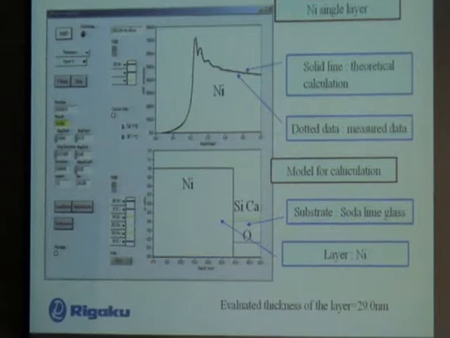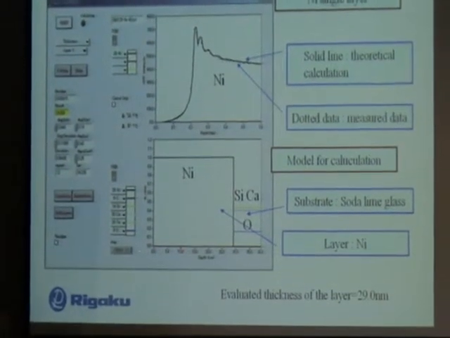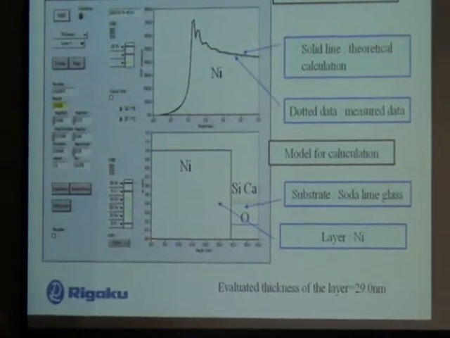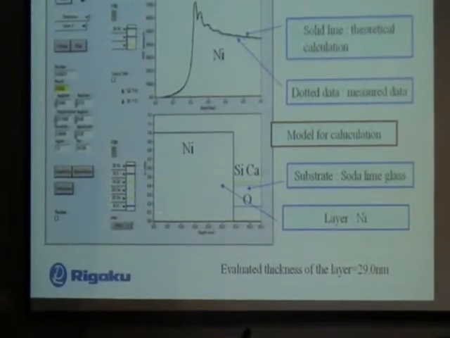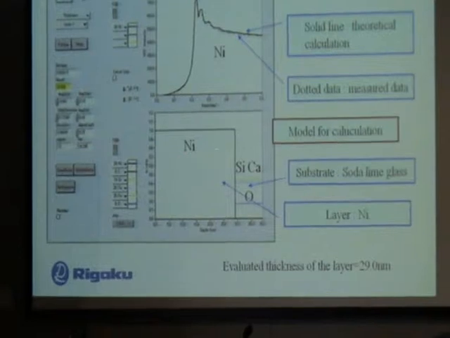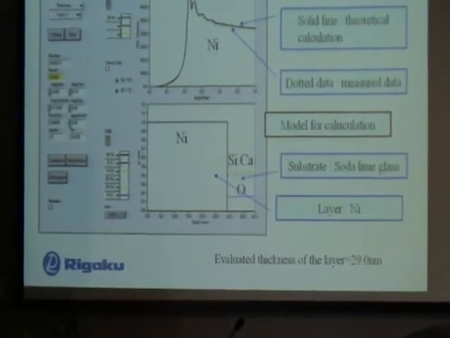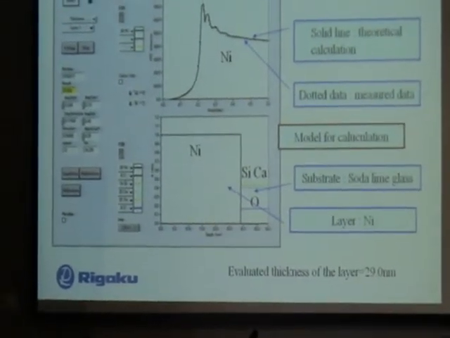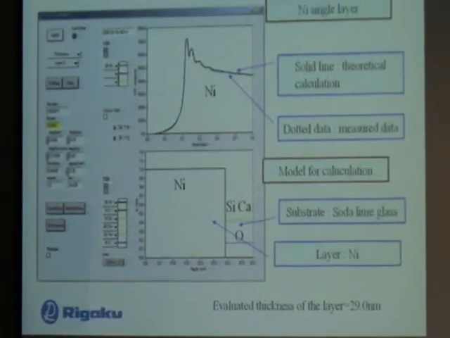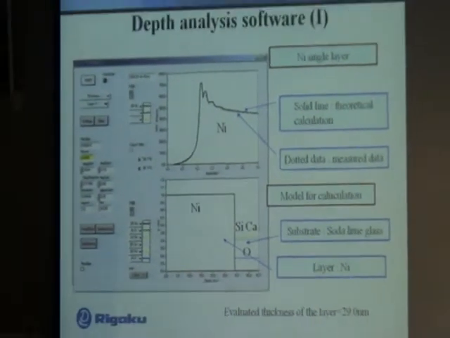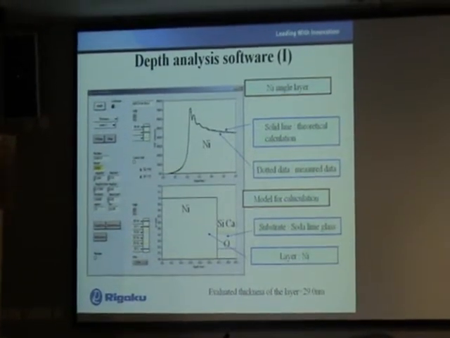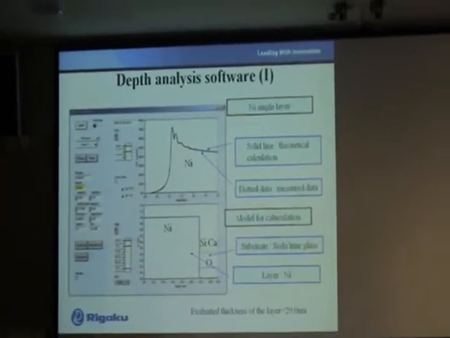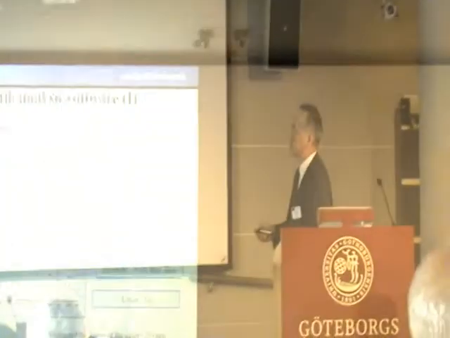The horizontal line shows the depth from the surface to the deeper position. This means a nickel film exists on the substrate. The substrate is soda lime glass. And the vertical line shows the density of the elements, in this case one system of nickel.